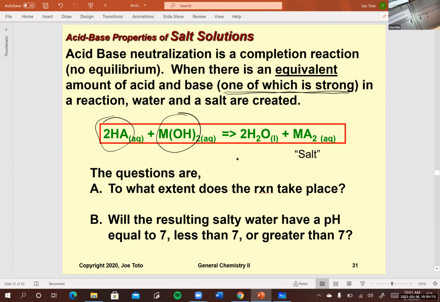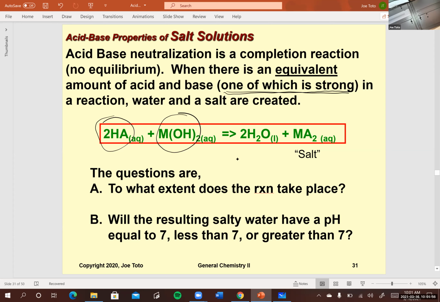So in this case, I have this generic HA, which is an acid, and I'm adding to that a metal hydroxide, which is a base. So which one of those is strong? Is it the acid or the base? Which one do you think in this case? I guess it could be either, right?